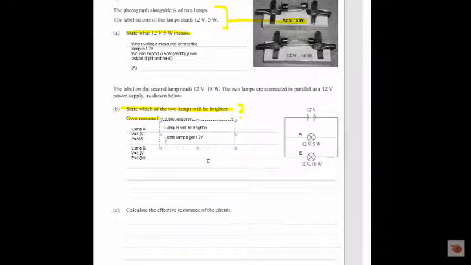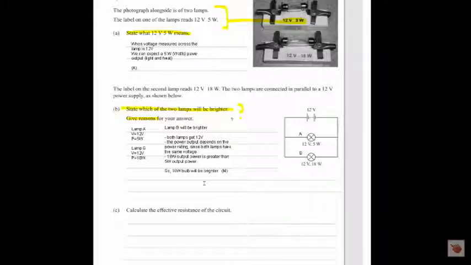So that means the power output depends on the power rating, since both lamps have the same voltage, and we can include that we know 18 watts output power is greater than 5 watts output power. So the 18 watt bulb will be brighter. All right, and that's done at a merit level. Great.